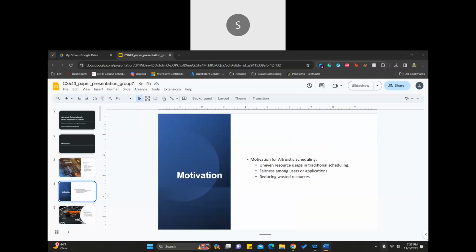That means every task, user or application should be given an equal opportunity to access and utilize the resources. It's essential to make sure no single task monopolizes the resources and everything gets its fair share. The last point, reducing wasted resources, is crucial to maximize the efficiency of the system and make use of every bit of available resources. Let me go to the next slide.